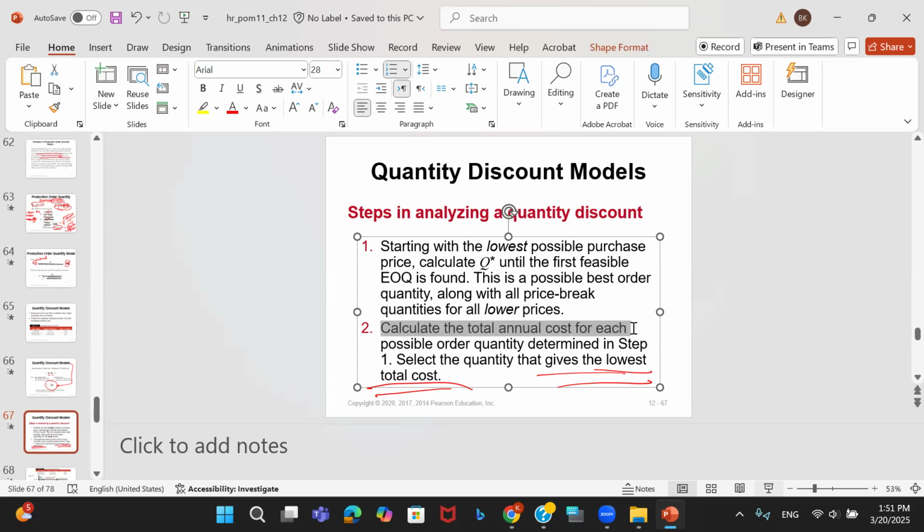Calculate the total annual cost for each possible order quantity, and then select the quantity with the lowest cost. You are given different prices, different quantities. Start with the lowest possible price and see if it is feasible. We will see what feasible means: it meets all the requirements. And then we calculate the total cost.